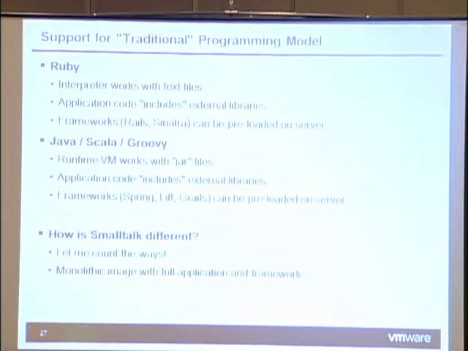We do have our monolithic image with the full application framework, and everything else is already in this one monster. Even if you're dealing with something comparatively small like Pharaoh, we've got a 25 or 30 meg image, a 25 or 30 meg changes file, and another 10 or 15 meg of sources file.